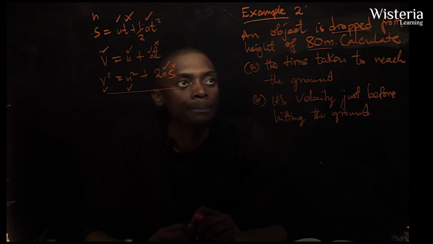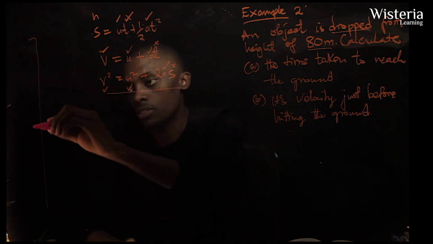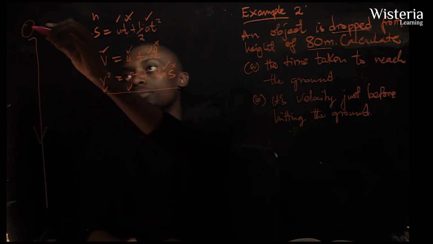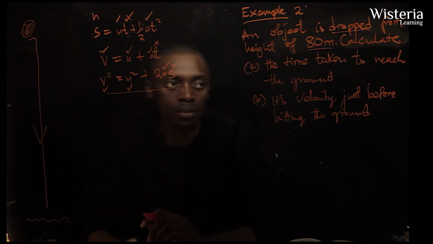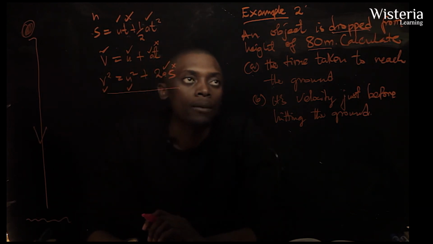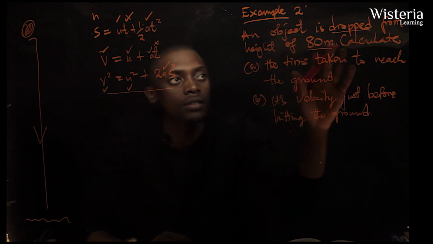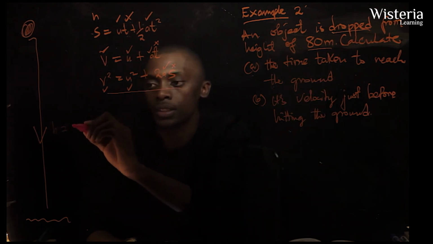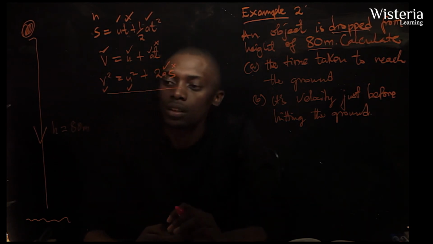So here we understand that the object is dropped down from here, and before reaching the ground, what we have been told is that this object covers a height of 80 meters, meaning the total height covered by this object is 80 meters.